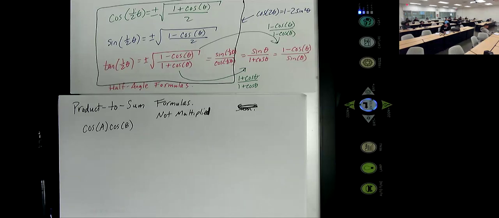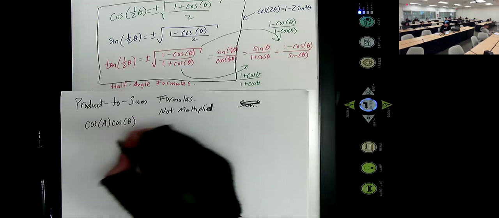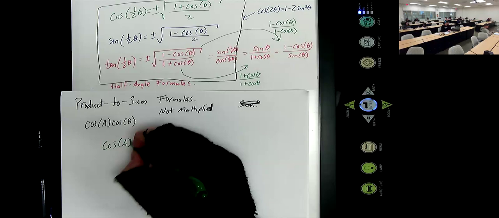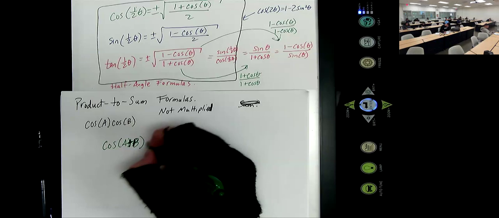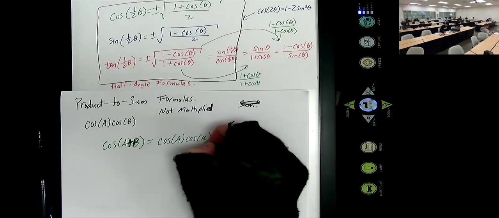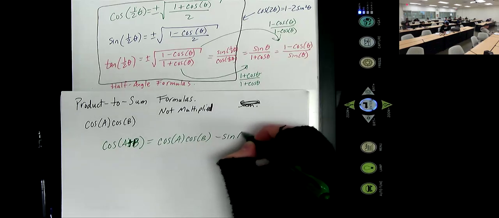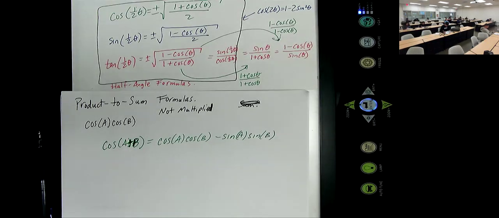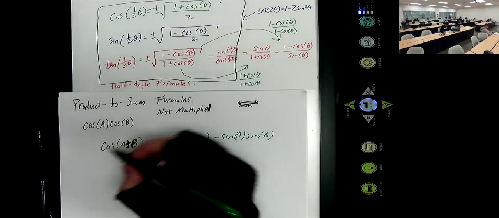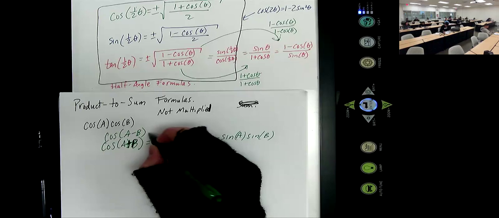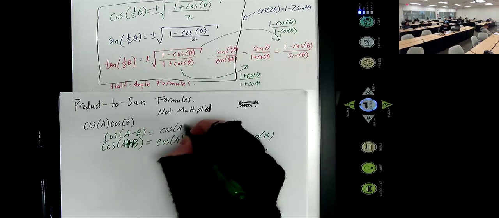You whip out the cosine of A plus B and the cosine of A minus B. Cosine of A plus B, oops, plus is on the inside, that was cosine A, cosine B, minus sine A, sine B. And if I do cosine of A minus B, I have the same thing, but a different sign between them, right?